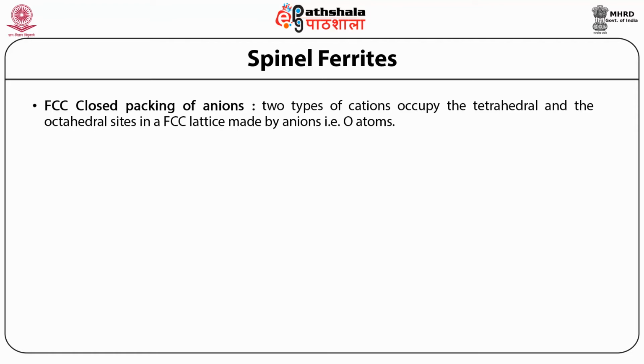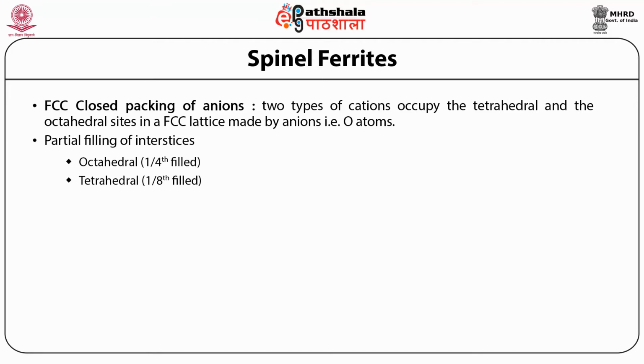Because of stoichiometry, the octahedral interstices have 1/4 occupancy while tetrahedral interstices have 1/8 occupancy by the cations. In summary, the partial filling of interstices is 1/4 for octahedra and 1/8 for tetrahedra, and the chemical formula is AB2O4.